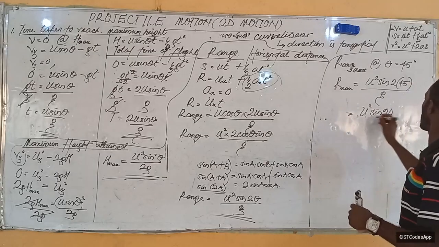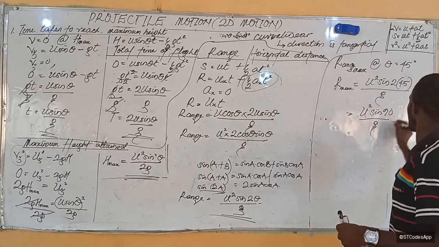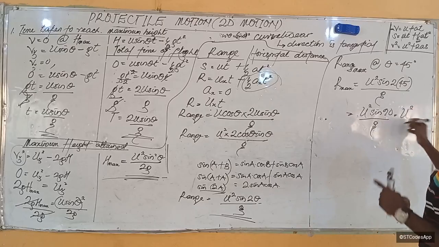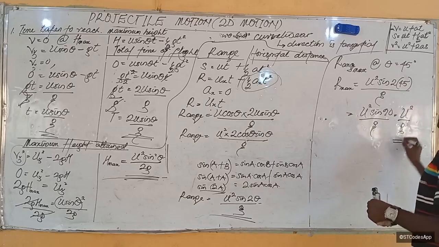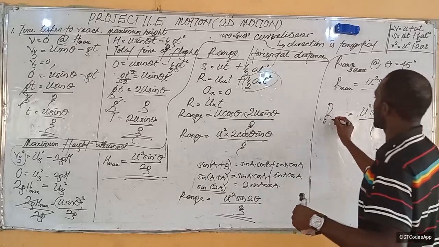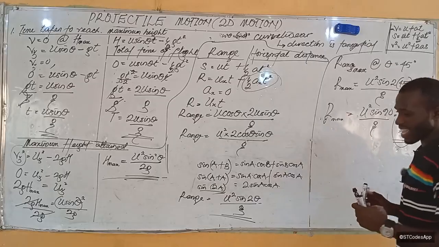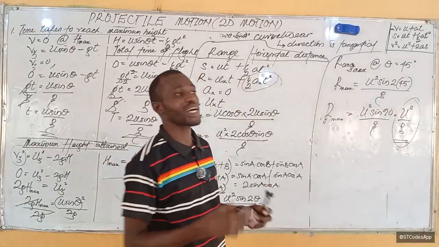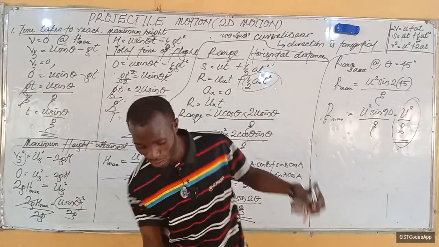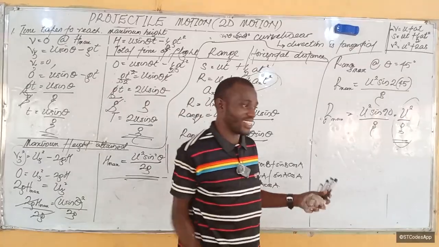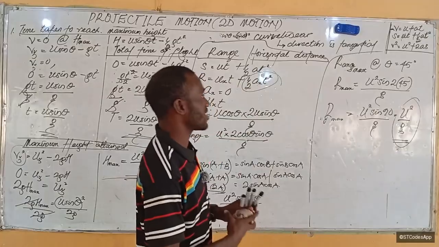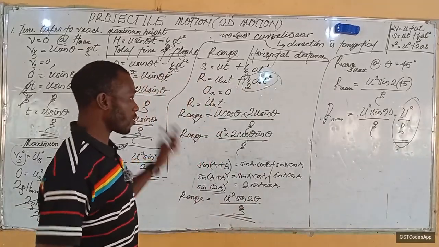So this becomes u squared over g. So this is the formula for our maximum range. Now keep in mind that the 270 degrees is going to give you the minimum range, but we cannot have that because we don't project objects like this, right? So that's why it is going to be just 90 degrees. All right, so now I want you to write all of this down.